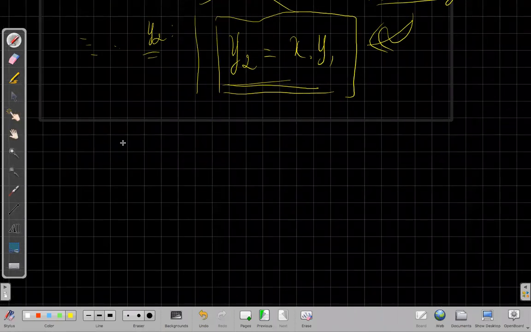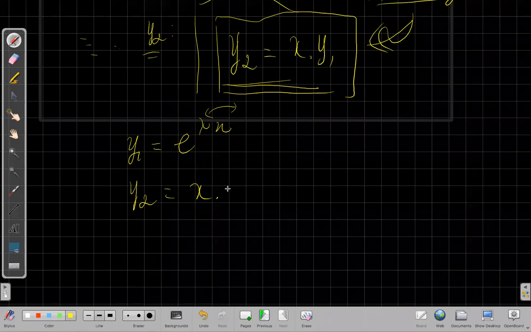For the second order equation we have two separate basic solutions. That's y1 equal to e^(lambda x), with lambda the root of the characteristic equation, and y2 equal to x e^(lambda x).